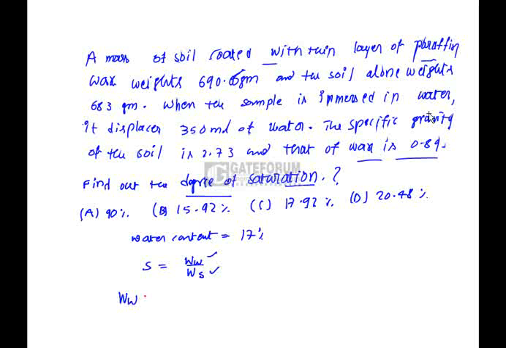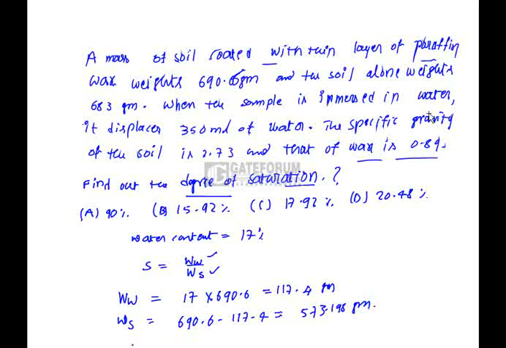Weight of water is 17% of 690.6 total weight, that is 117.4 grams, and weight of soil is 690.6 minus 117.4, the remaining weight, that is 573.198 grams.